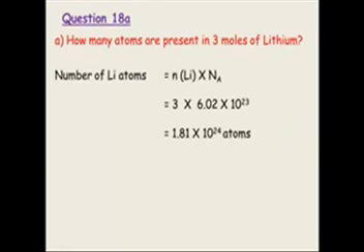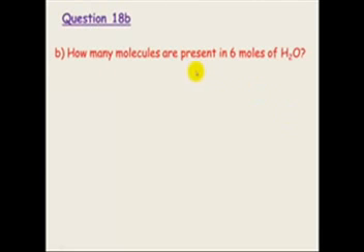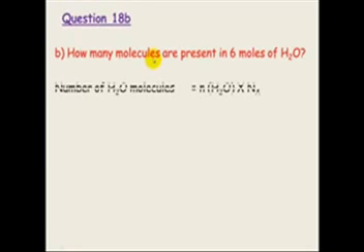Let's have a little look at 18B. How many molecules are present in 6 moles of H2O? Remember, 1 mole of H2O will contain 6.02 by 10 to the 23rd molecules of H2O. So we can work it out.